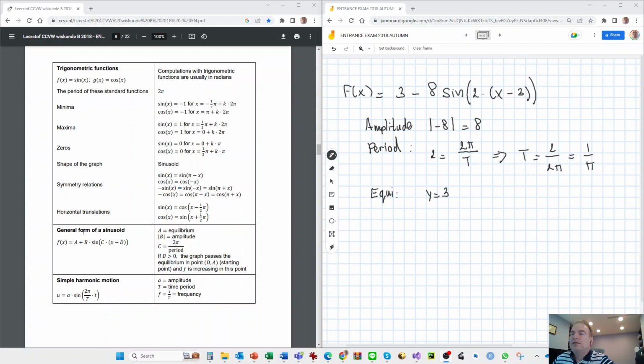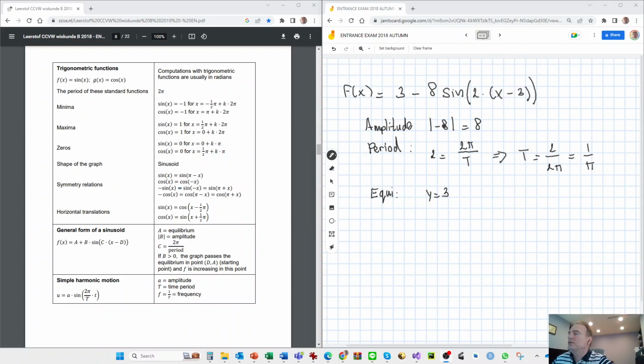Then they give here the general form of a sinusoid, and from the parameters there you can find the equilibrium, the amplitude, and the period. And the simple harmonic motion is a special case of this. Let's just take as an example, let's say this function given here, and the amplitude is the absolute value of the coefficient in front of the sine.